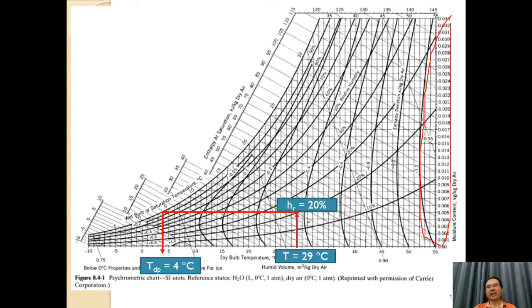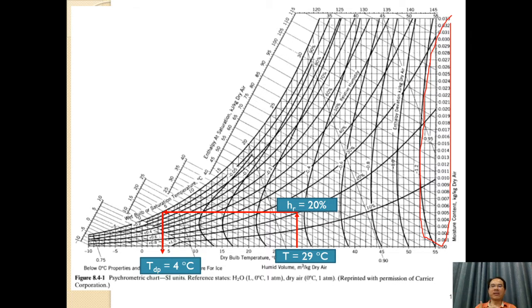And then you move the line horizontally to contact the saturation line. This is the saturation line, 100% relative humidity. And then you drag the vertical line down to the temperature axis. For this case, at relative humidity 20% and dry bulb 29, you get a dew point temperature of 4 Celsius.